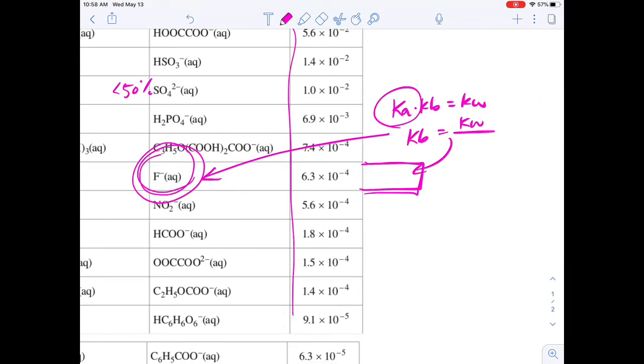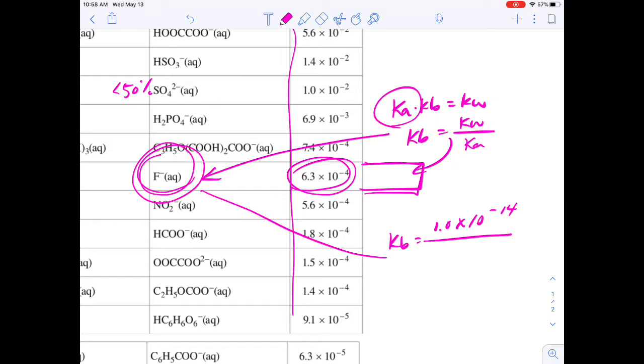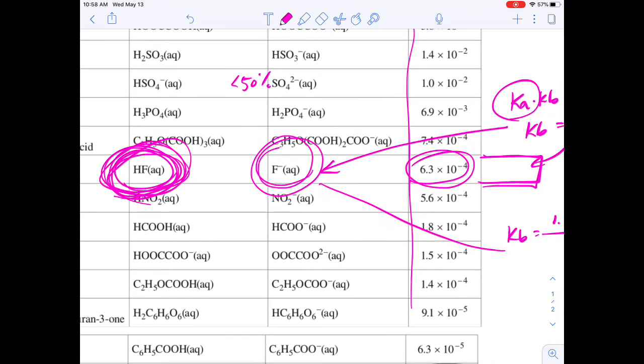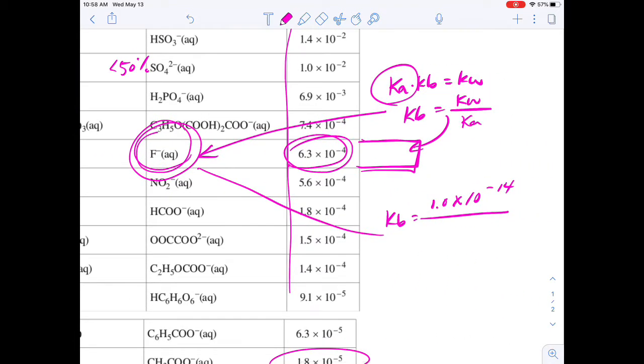So if I had Kw divided by the Ka for that, we could calculate the Kb. So the Kb for fluoride ion is going to be 1.0 times 10 to the negative 14 divided by the Ka for fluoride's conjugate acid, so divided by 6.3 times 10 to the negative 4.